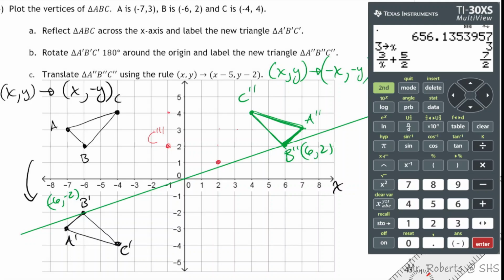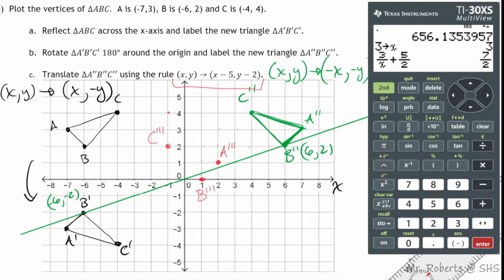So this is going to be my A triple prime. And then the last one is B, and B is going to go back 1, 2, 3, 4, 5, and then down 2. So I'm just doing this translation, right? And this is a nice rule here: X's get decreased by 5, Y's get decreased by 2. So this is going to be B triple prime.